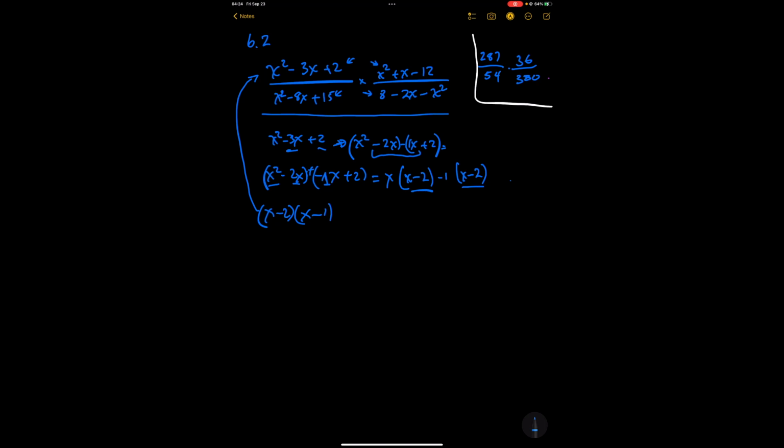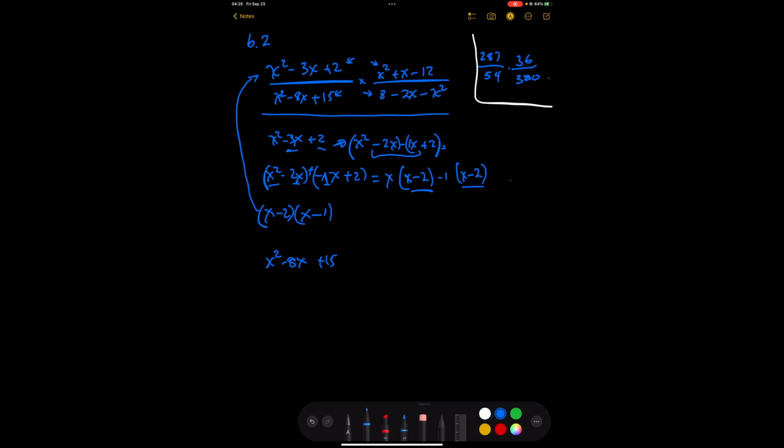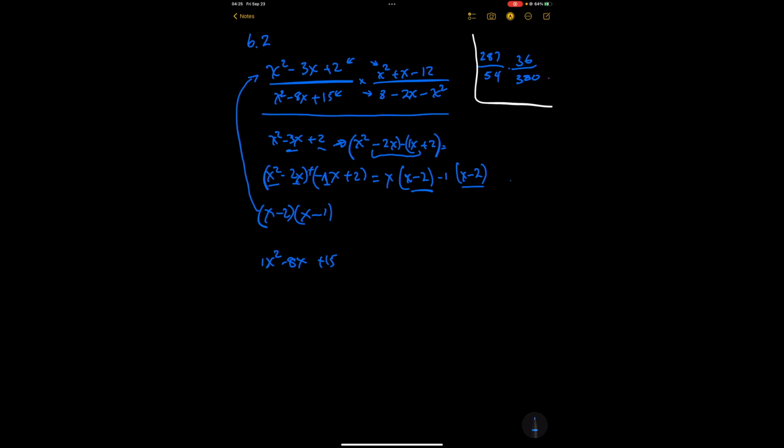Now let's do the bottom part. So I get x squared minus 8x plus 15. Again, what two numbers do you add up together to get -8, and when you multiply them, you get 15? Well, we know for sure that 5 and 3 give 15, right? And 5 plus 3 gives 8. I want you guys to remember, this only works when you have a 1 for the highest degree of exponent, which is this one.